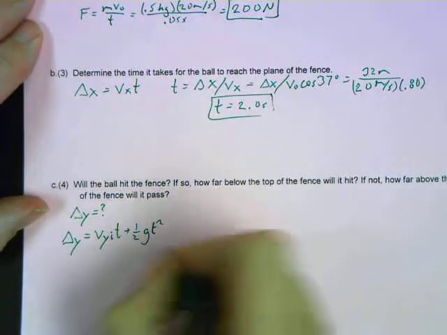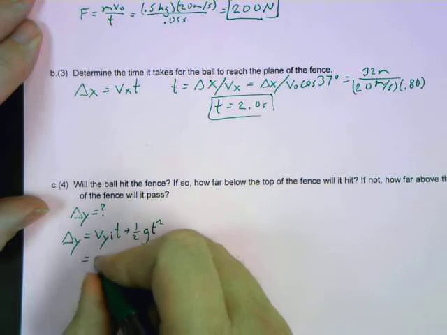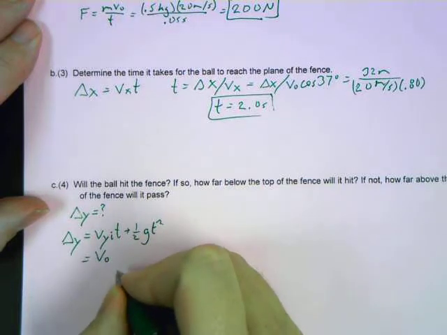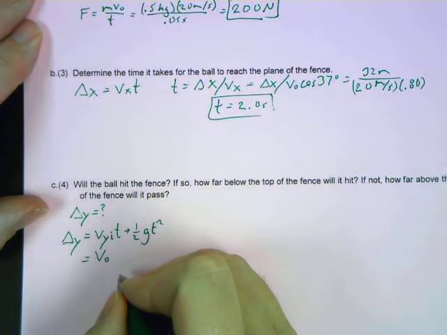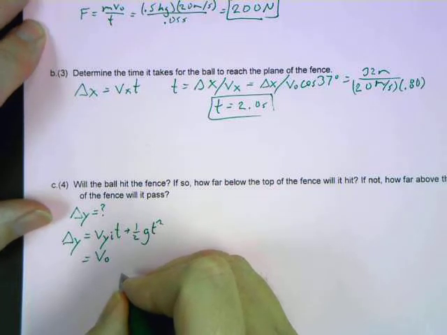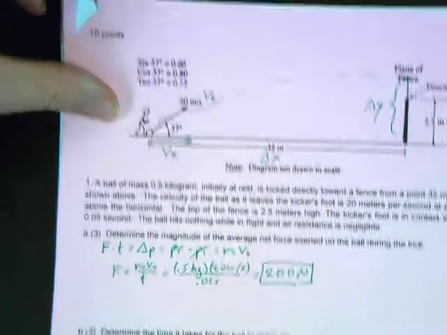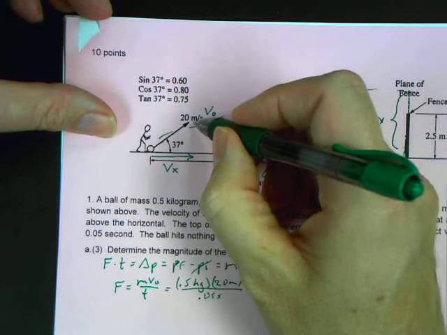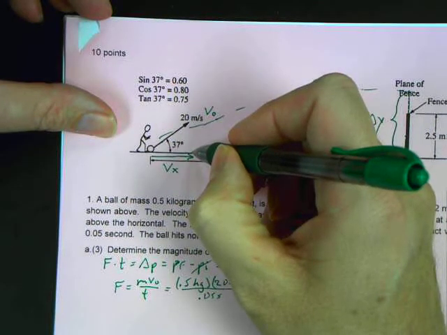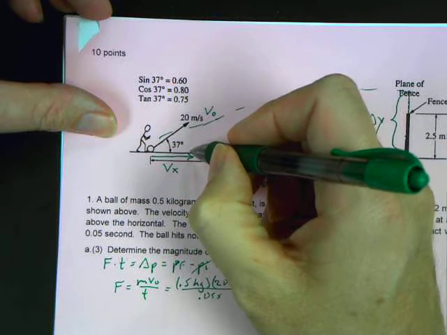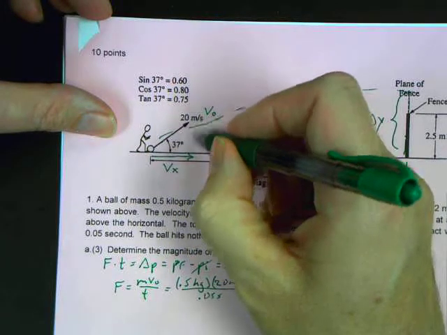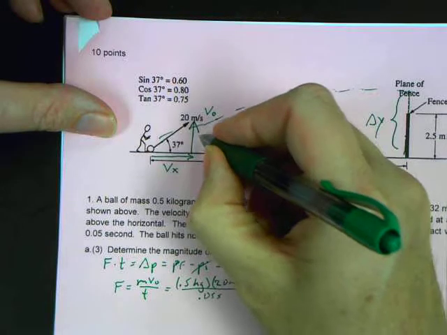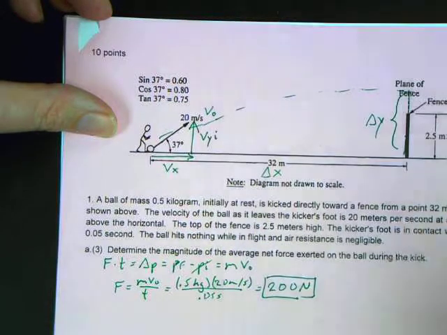My Vy initial is going to be equal to the initial velocity times the sine of 37 degrees, because earlier we decided that the horizontal one was going to be based on cosine, so that means the vertical one is going to be based on sine. Let's double check. SOH CAH TOA, sine is opposite side, that's over here. Vy initial, or we could put a naught on it, but I like initials.